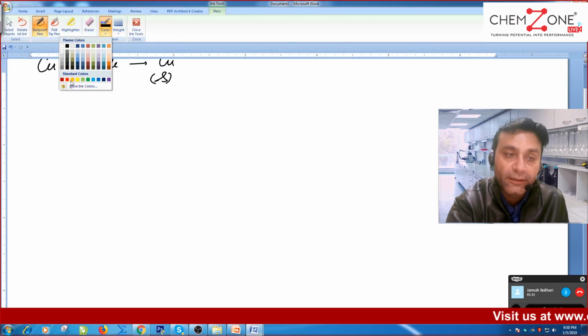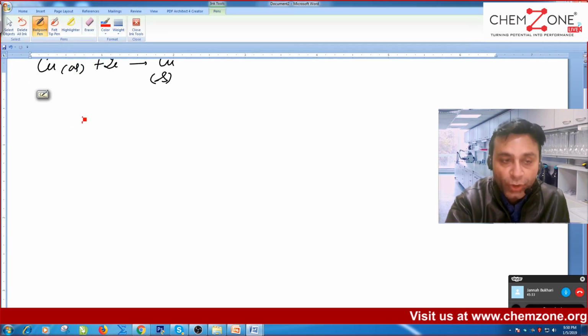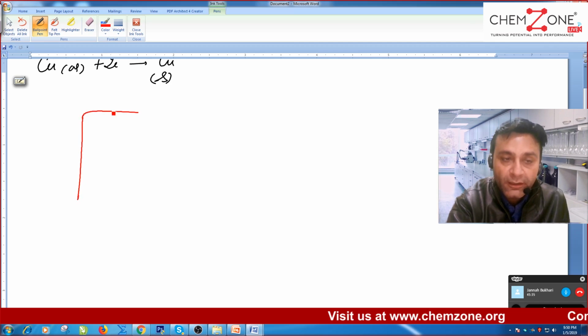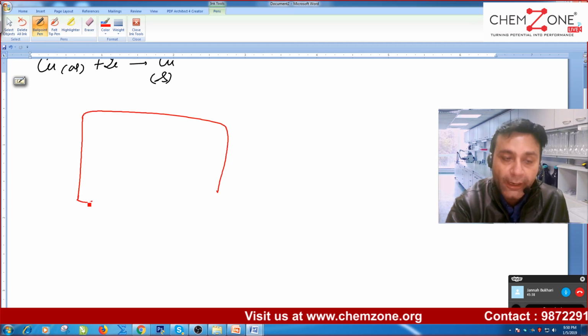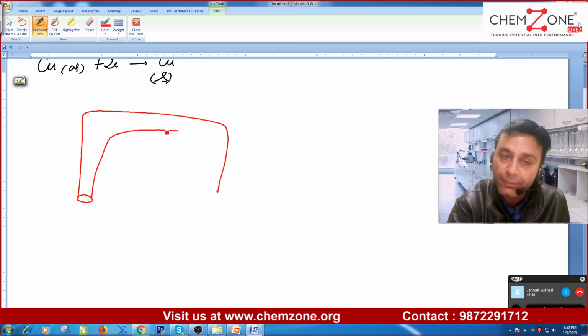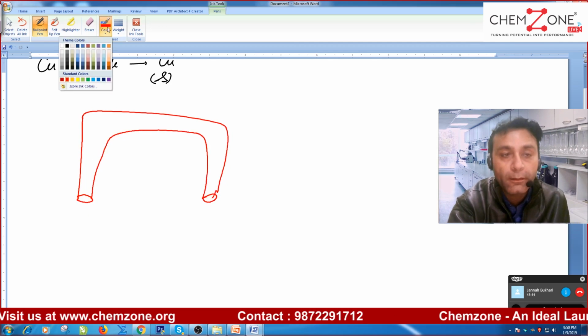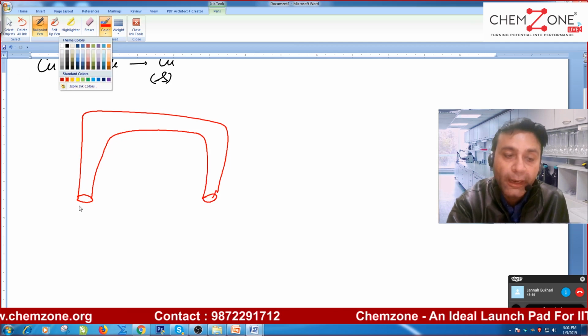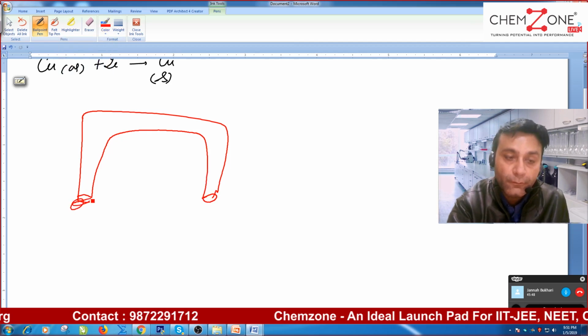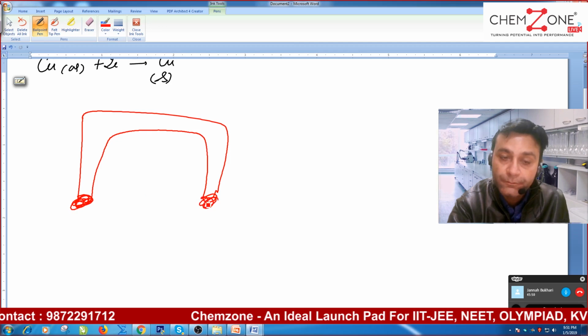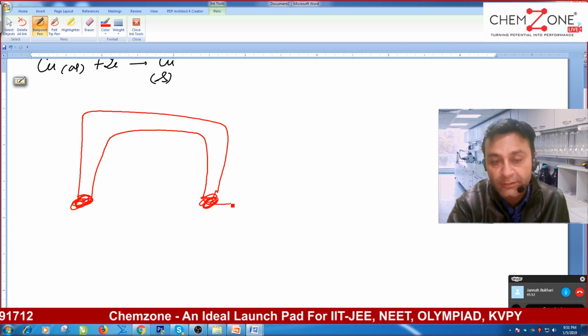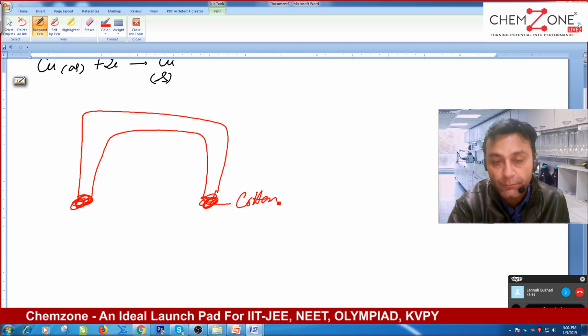I'm discussing that now. A salt bridge is basically a U-shaped tube, and I'll use it as an inverted U-shaped tube, and here I have a cotton plug.